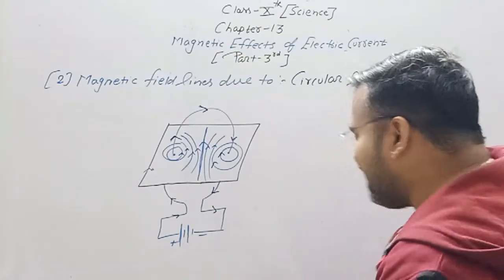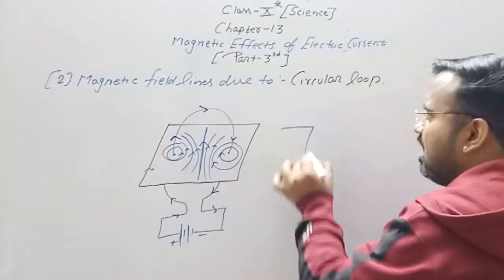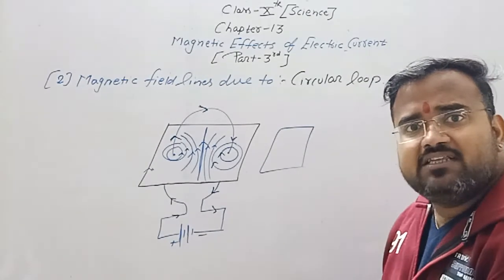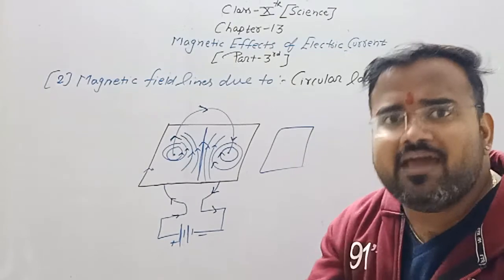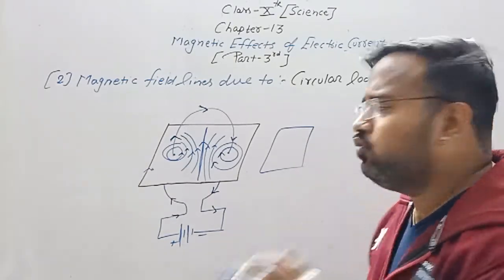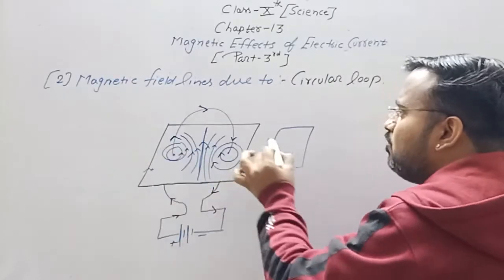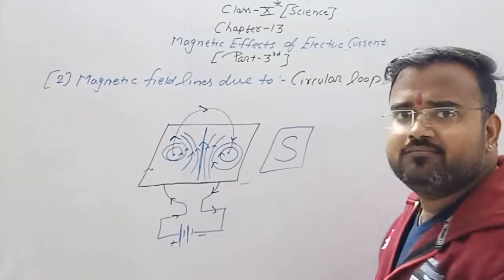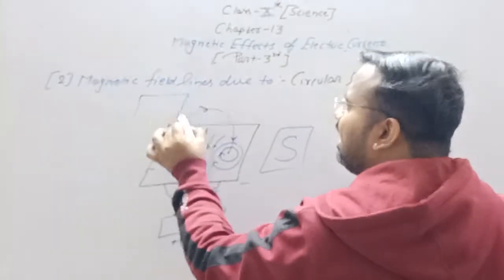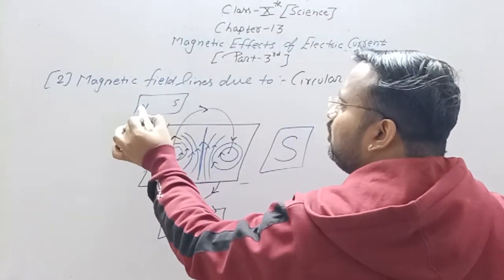So can I say that this cardboard, where all the magnetic field lines are merging, and in a bar magnet where all the magnetic field lines merge in the south pole, will act as a south pole? Yes. In a bar magnet we have seen the north pole and south pole.